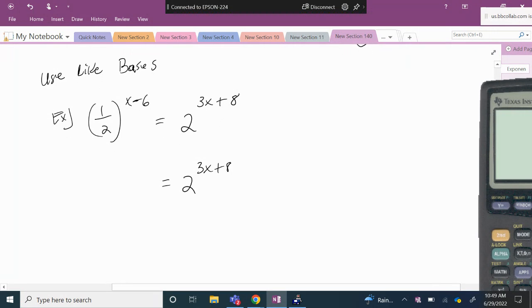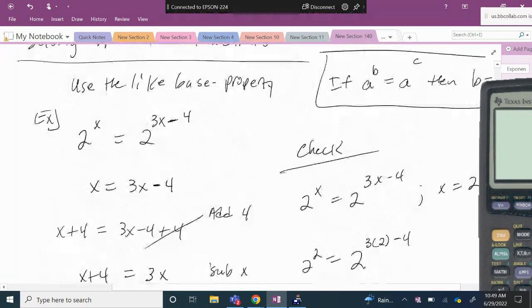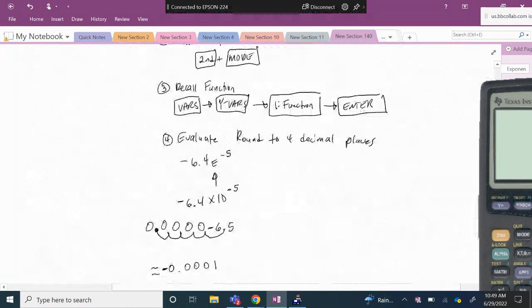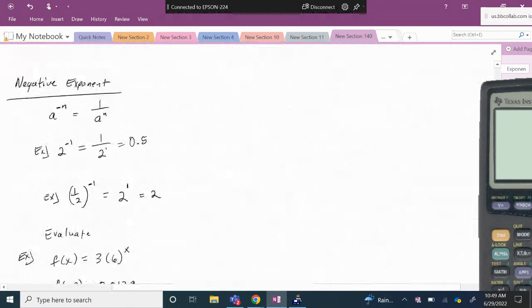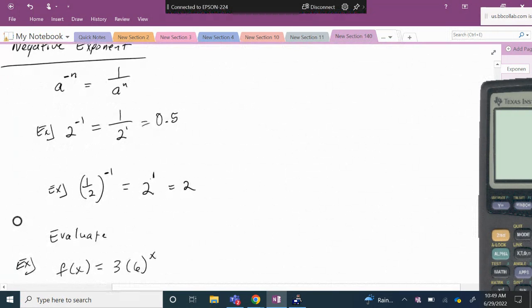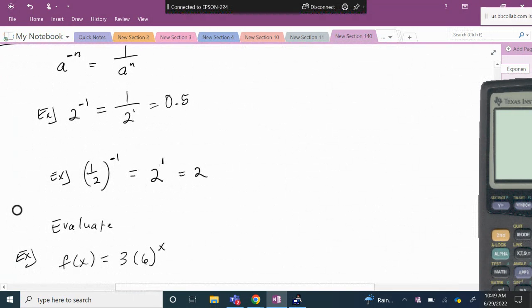I can write 1/2 as a base 2 using the negative exponent rule. If I go back up just to show what we did, right here I can write 1/2 as a base 2.